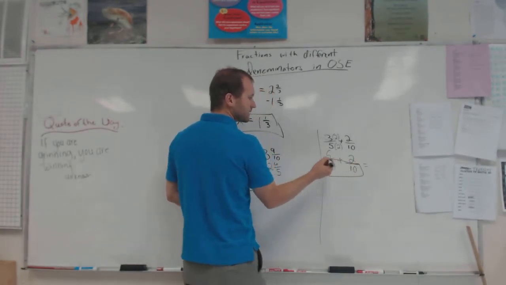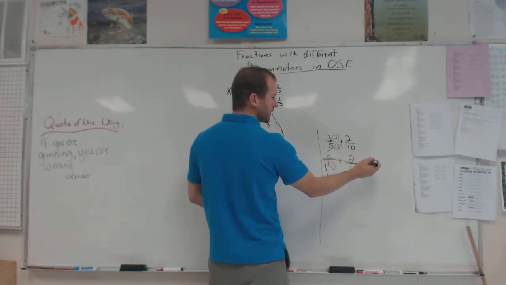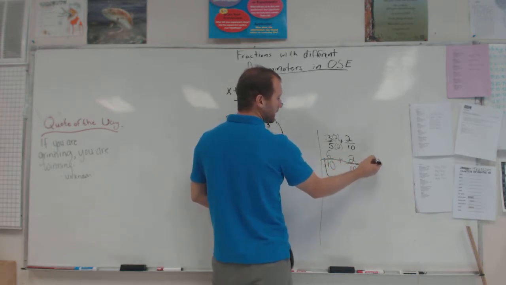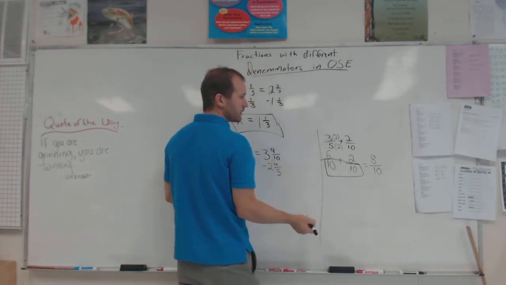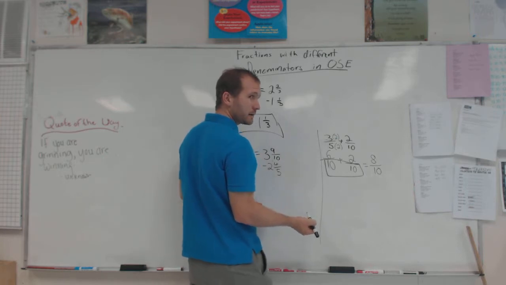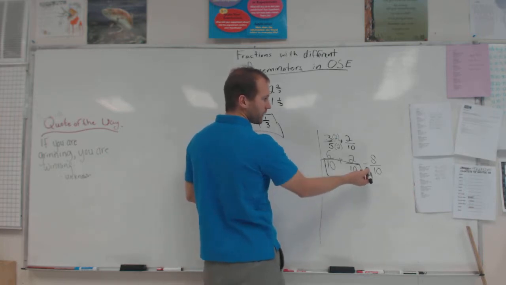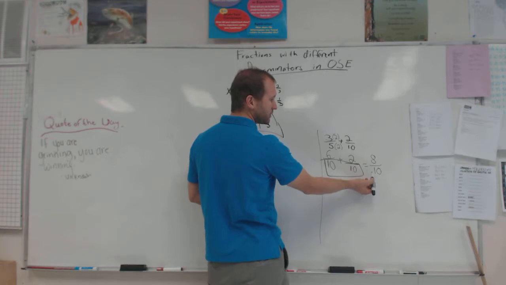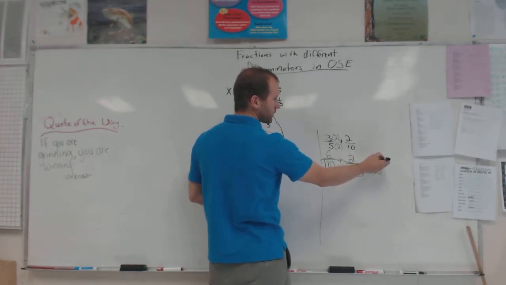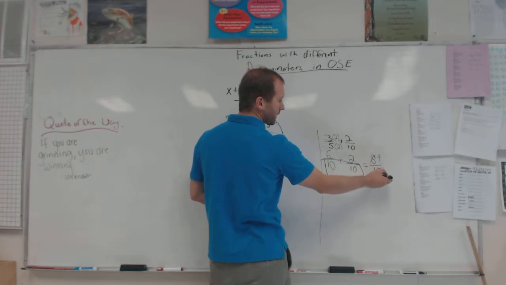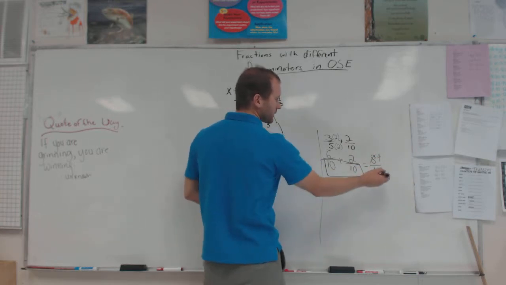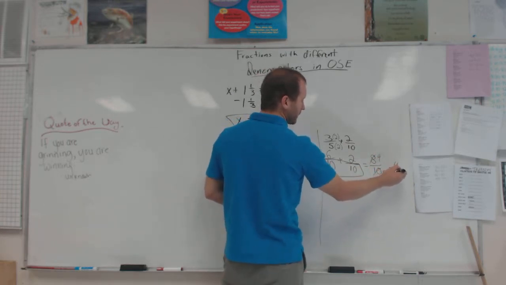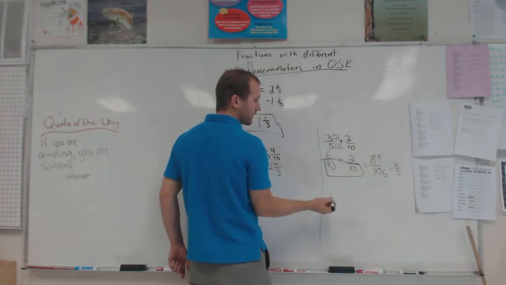So I can add these. 6 plus 2 is 8. 10 is the same, so 10. But now I need to reduce again. 8 and 10 both have a 2 in them. So I'm going to reduce my 8 to 4, my 10 to 5. And so my final answer would be 4/5 after I divide them.